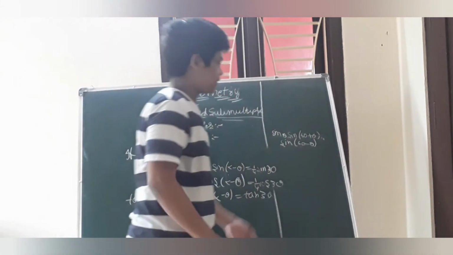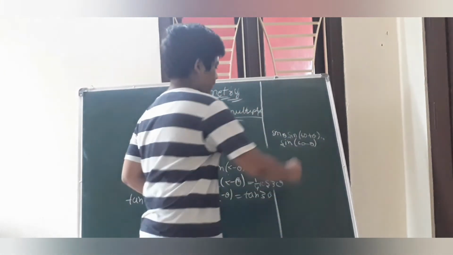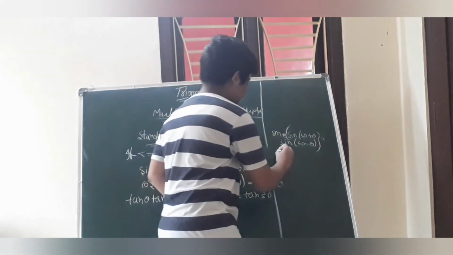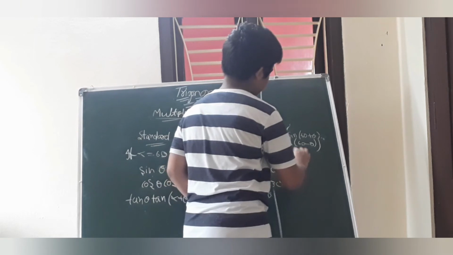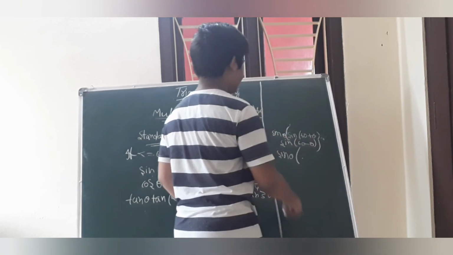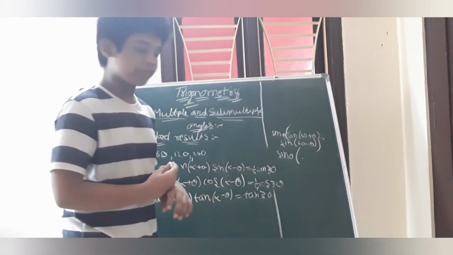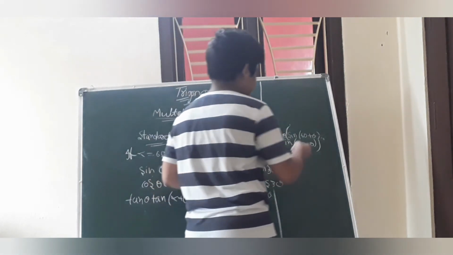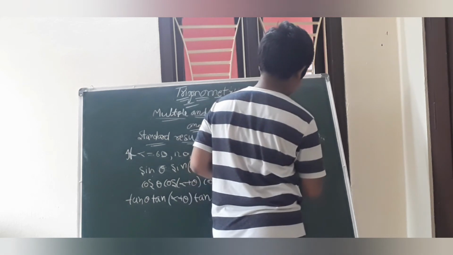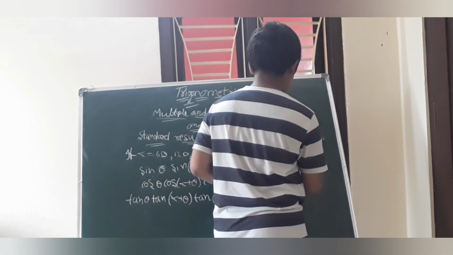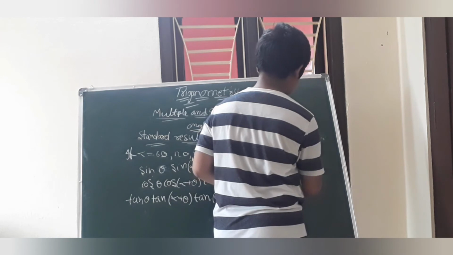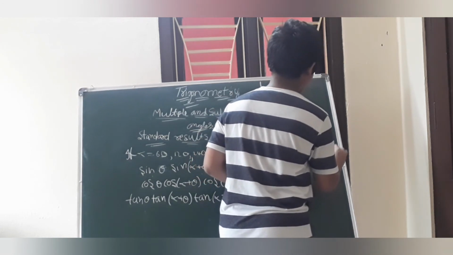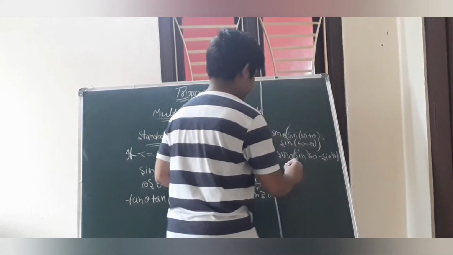This is in the form of sin of a plus b into sin of a minus b. We know that sin of a plus b into sin of a minus b is sin square a minus sin square b. So it becomes sin theta into sin square 60 minus sin square theta.